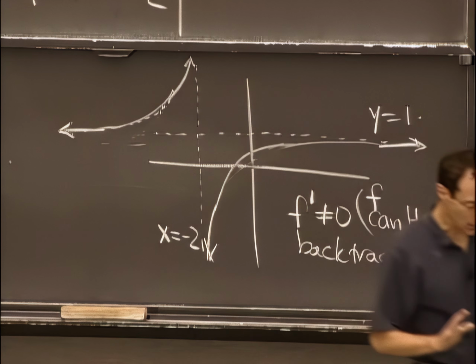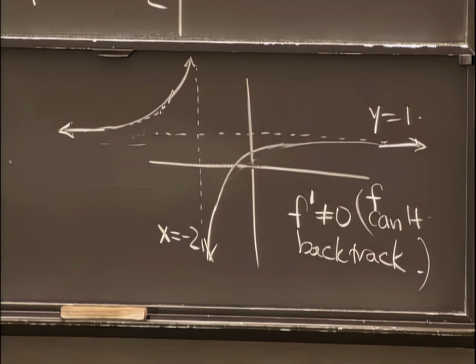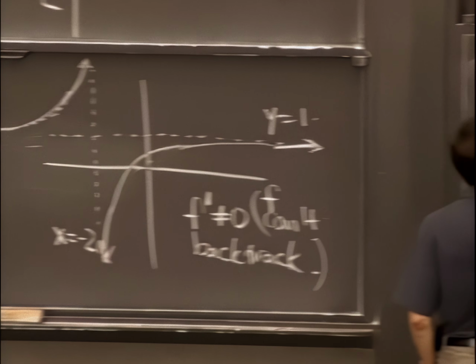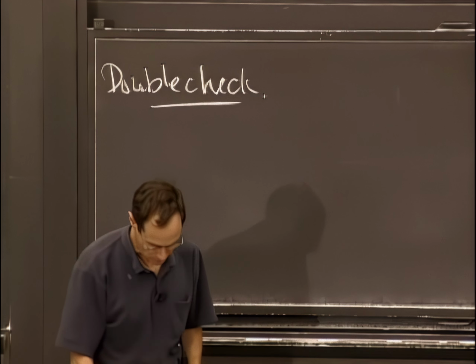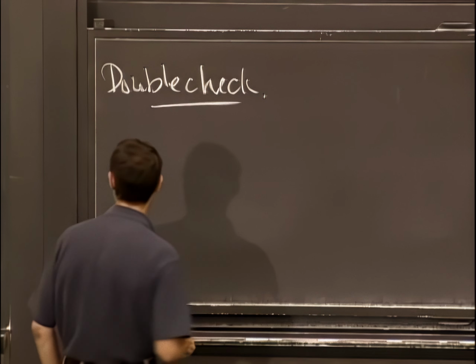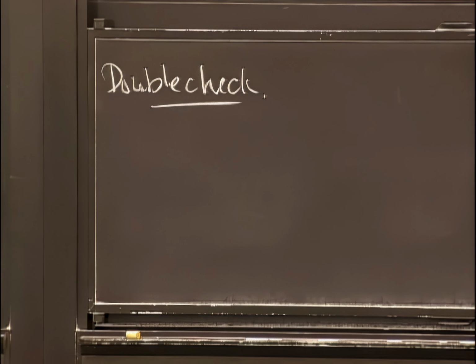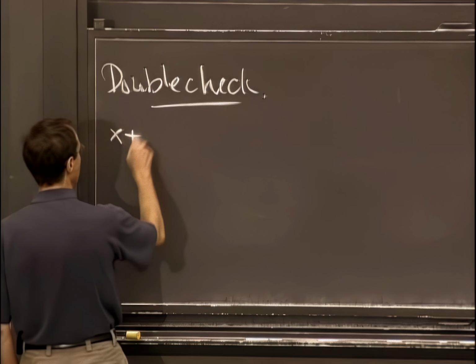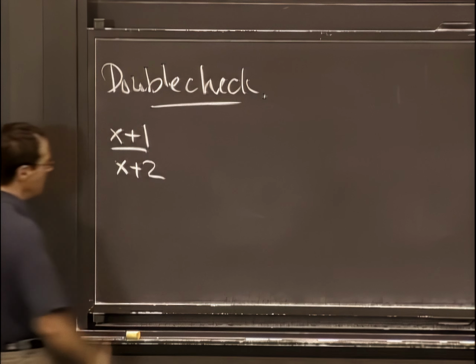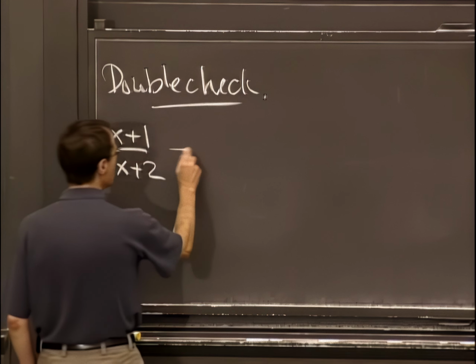Now, let's take a look in a little bit more detail by double checking. We're just going to double check what happens to the sign of the derivative. And in the meantime, I'm going to explain to you what the derivative is and also talk about the second derivative. So first of all, the trick for evaluating the derivative is an algebraic one.